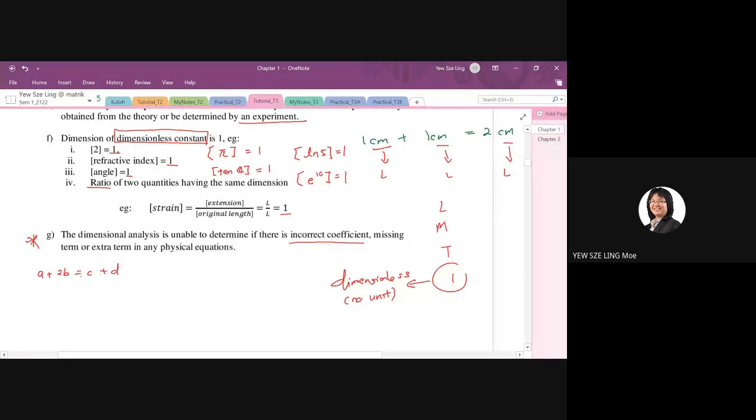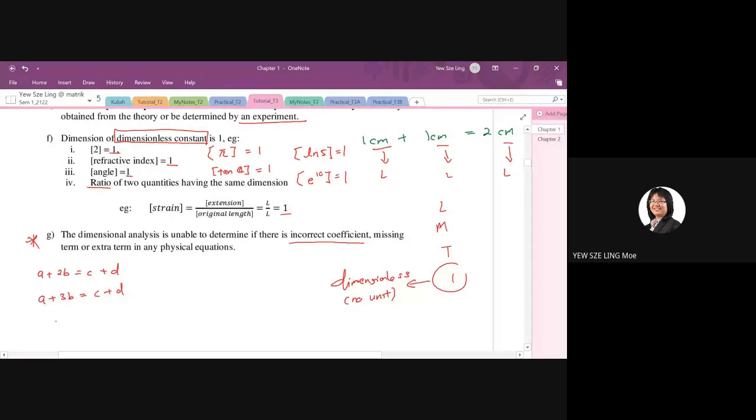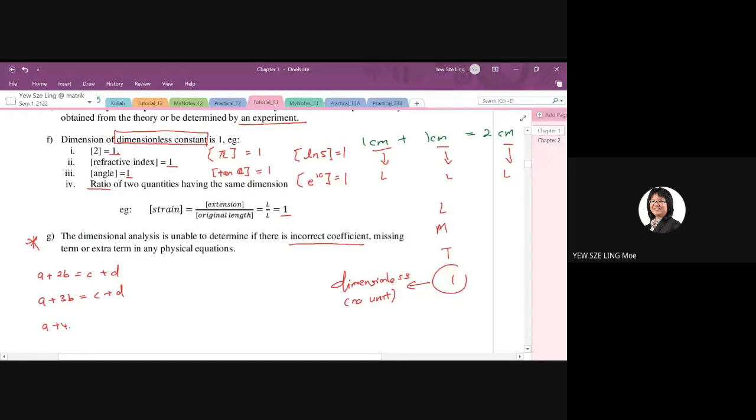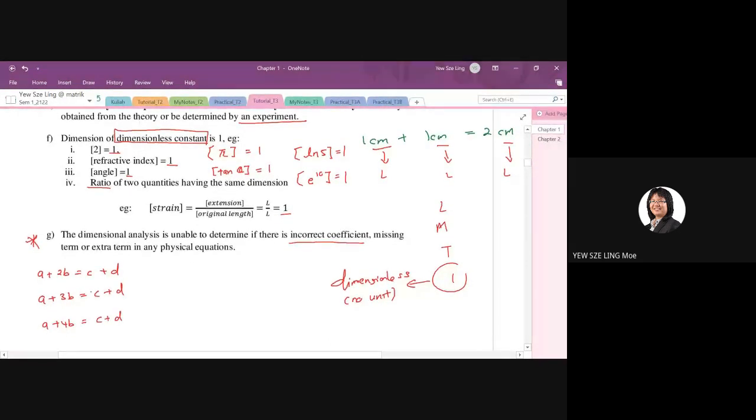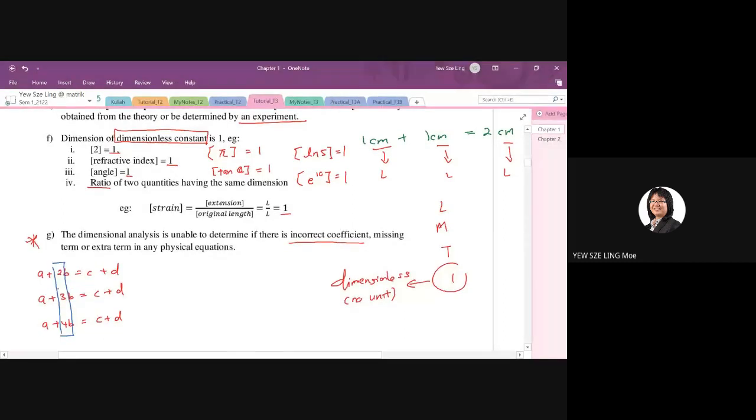When you check the dimension, it would be the same as a plus 3b equals c plus d, or a plus 4b equals c plus d. They will also have the same dimension. Why? Because all these numbers, when you do dimensional analysis, are all equal to 1. So you won't be able to tell whether they are correct or not.